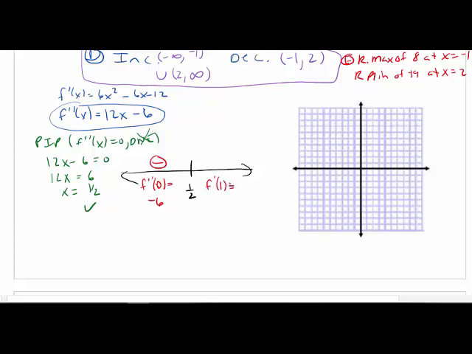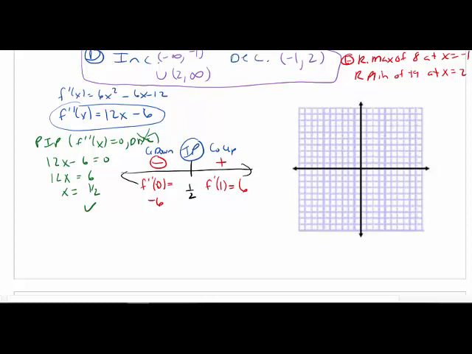Plug in 1 into this piece here. Again, the second derivative gives me 12 minus 6, which is 6. So what I just got from that piece is this is concave down, this is concave up. So this is a frown here, and that's up. So this will be an inflection point because I'm shifting and it is in the domain.